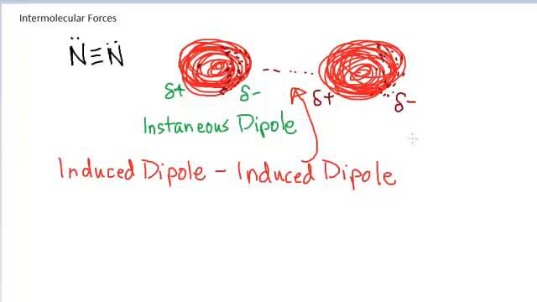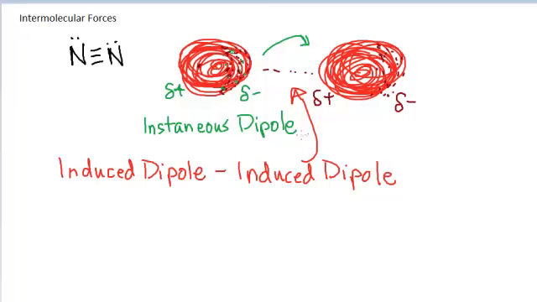As you lower the temperature on a sample of nitrogen that looks like this, again, you're slowing the molecules down, and these induced instantaneous dipole moments are more likely to influence neighboring molecules.